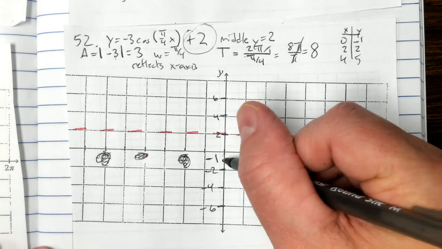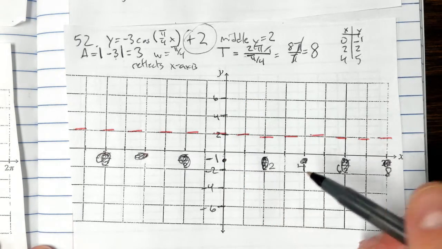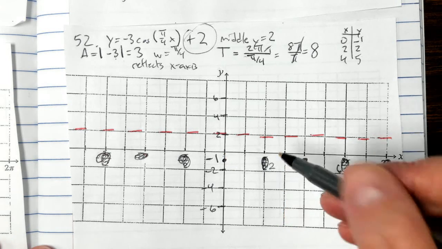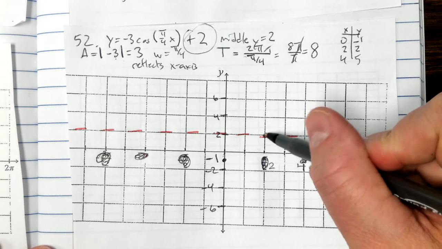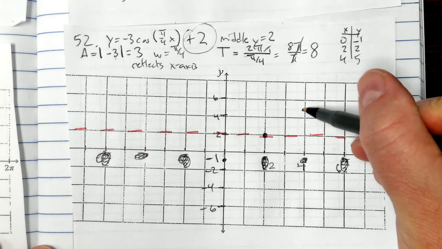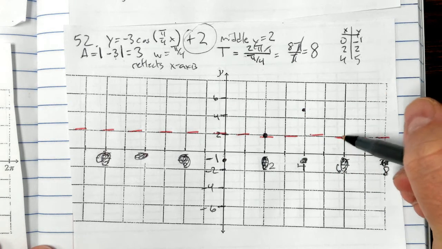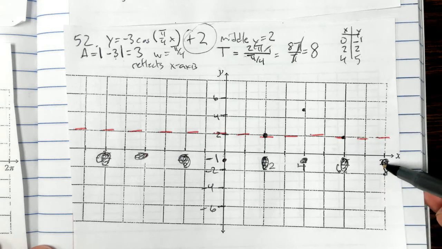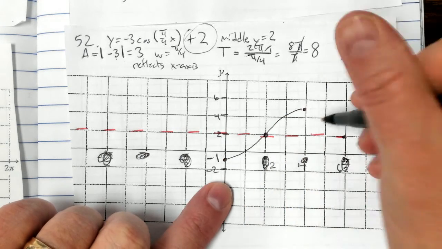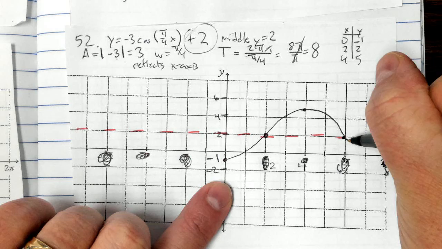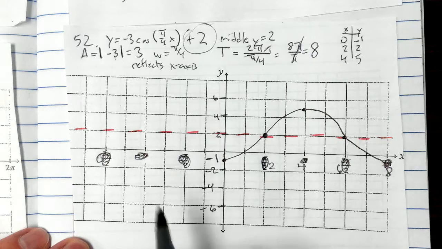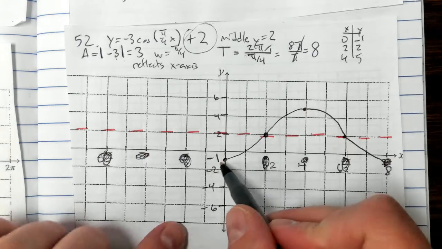So this is going to be our lowest point. That's the start. From there it's going to go up, and that's going to be at 2, 2. And then 4, 5 would be here, and then back down, and then to here. So make that smooth and continuous, like that. So that's one period worth.